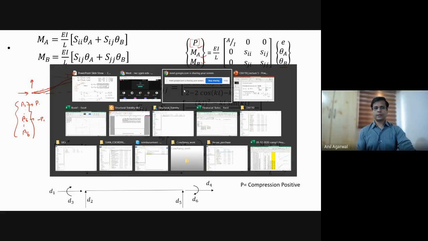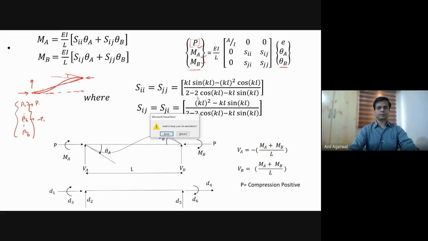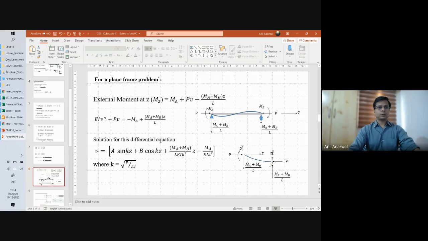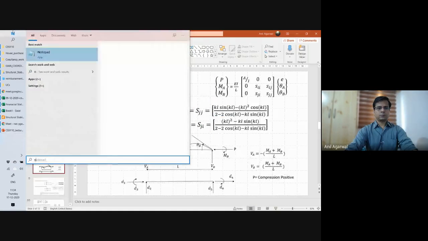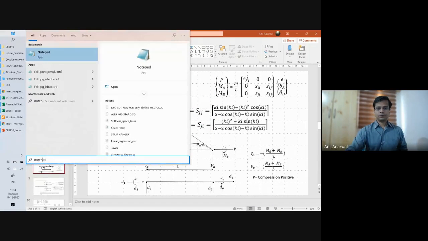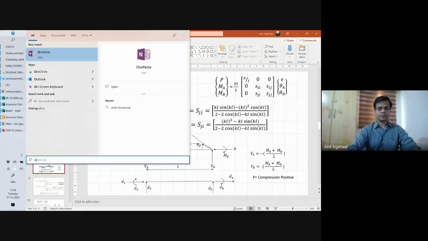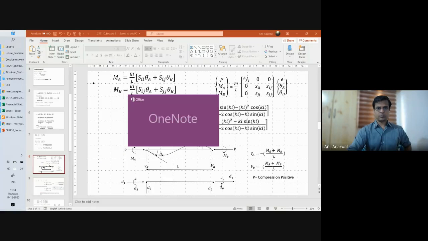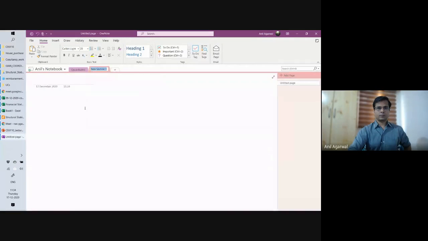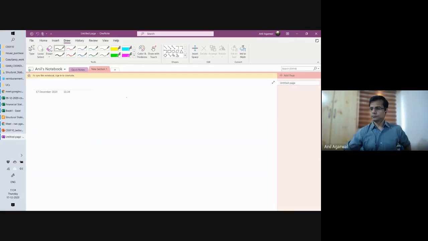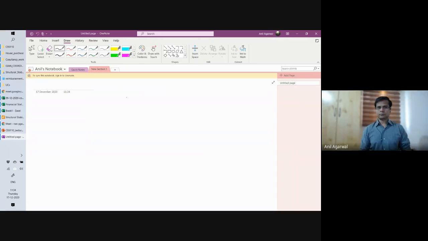So let me go to Notepad and recap quickly what we just discussed. This was the beam element.